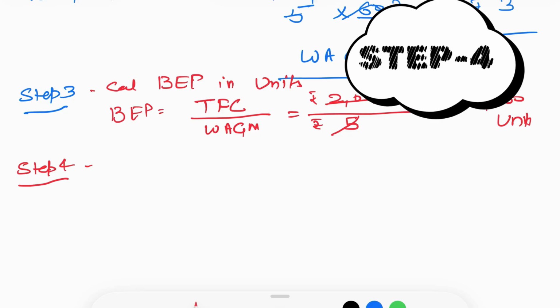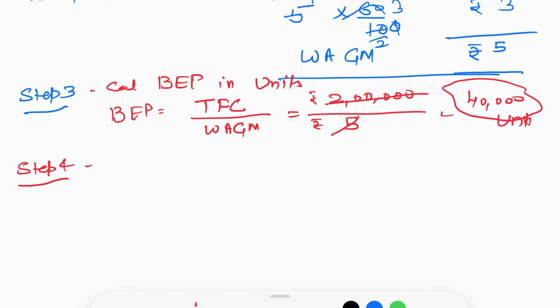Here we'll calculate break-even point for each product. What do I have to do? I have the total value with me. I just have to divide this total value into 3 parts. Very simple. So calculate break-even point in units of each product.